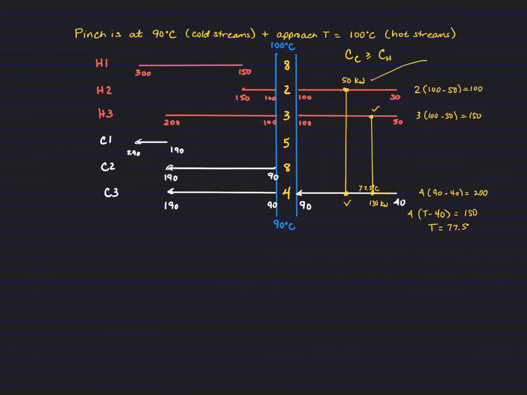Well, no, it's only going to do 50 kilowatts. So again, I need to figure out what the exit temperature will be from this exchanger. Therefore, if I set 50 kilowatts equal to 2 times 100 minus T, it doesn't really matter which one you do, but if I do this, then 25 is 100 minus T. T is going to be 75 degrees C. So it will cool this stream down to 75 degrees C. And then I will need a cooler to remove the last 50 kilowatts.